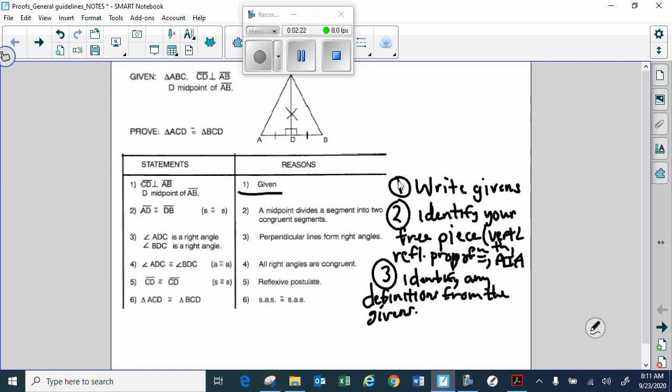Okay. Your justification would be "definition of" that word, so of that vocab word, in most cases. Okay.